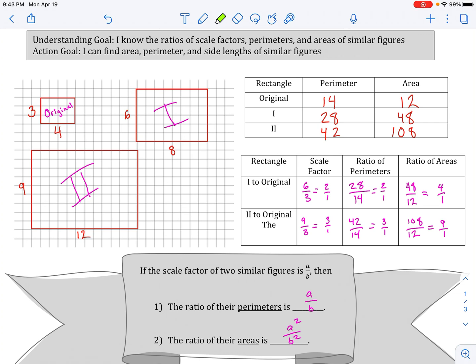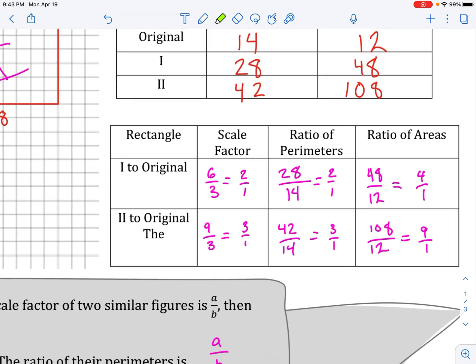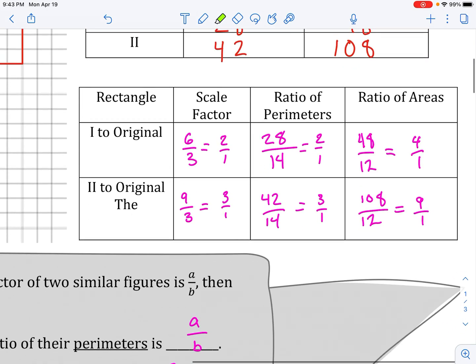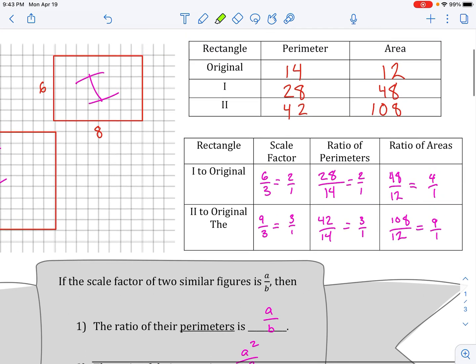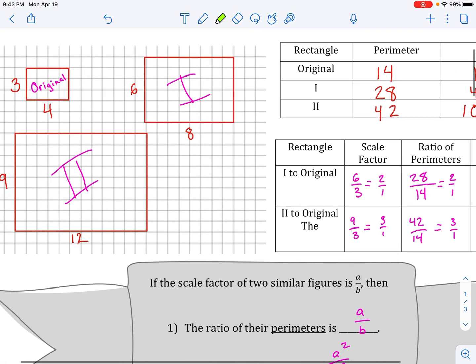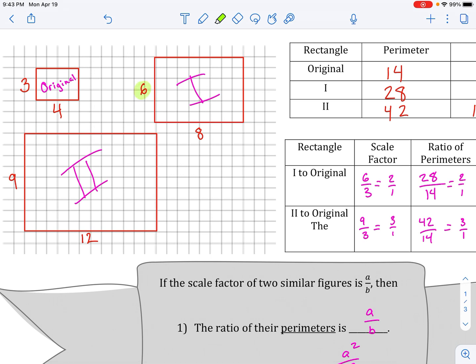Okay, moving on. I'm now showing you how they relate. Going from 1 to the original, I was setting up proportions, or ratios, I should say. Basically, I looked at the scale factors from 1 to the original. I did 6 to 3, or 6 over 3.